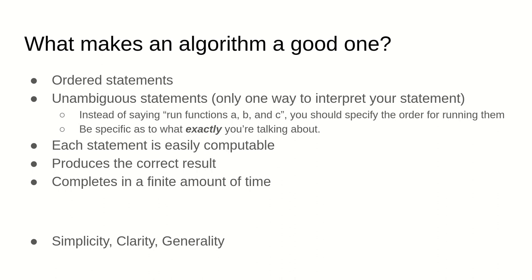There should not be any room that's left up to interpretation, because quite often when you're designing an algorithm, you may be handing it off to someone else to implement, or you may be trying to share it. For instance, publishing algorithms in a research publication, where it's pretty important that someone be able to look at that and figure out the order that you want things done in and the specifics of how they're going to be done.